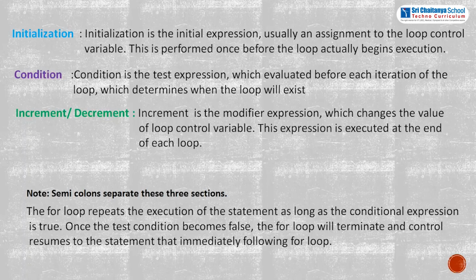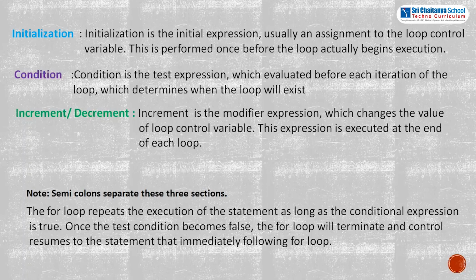Before repeating the loop, it's always important for the control to check the condition. Once the condition becomes false, the loop execution will be automatically terminated. So the condition is the test expression which is evaluated before each iteration of the loop, and it also determines when the loop will exit.